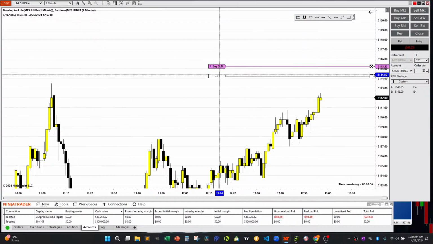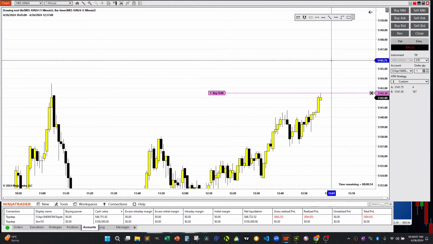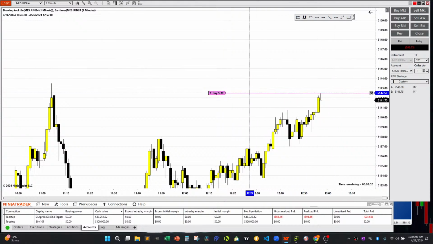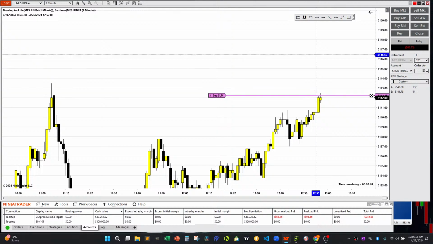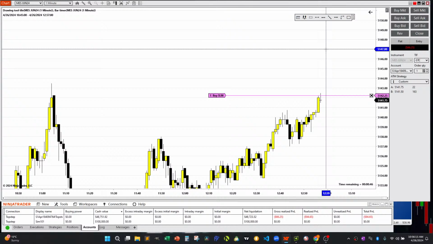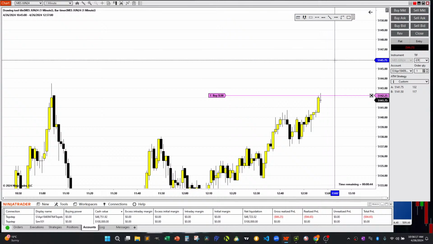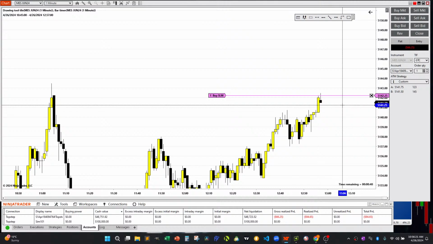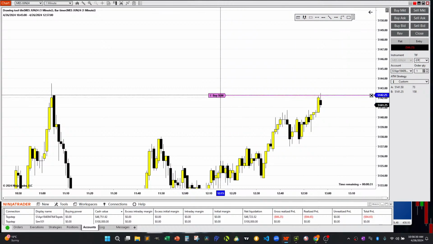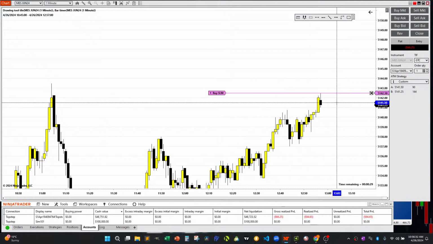can't do it that way. Put it above that candle. If it does retreat back up, stop will be about right there. Move it up one tick.